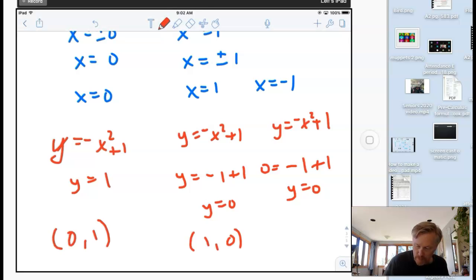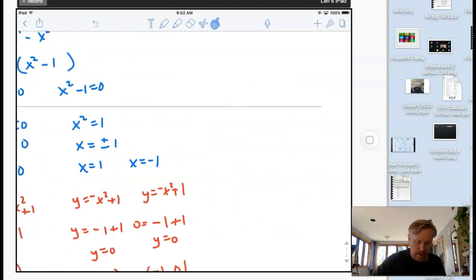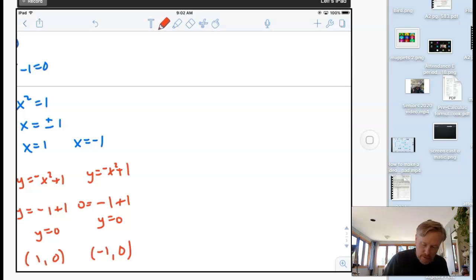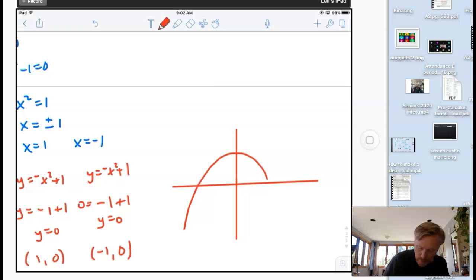1, 0, -1, 0. So if I was to go graph this, the reason why you get three different answers is because it looks kind of crazy, but this graph, it's got a parabola, and then it's got this other one.